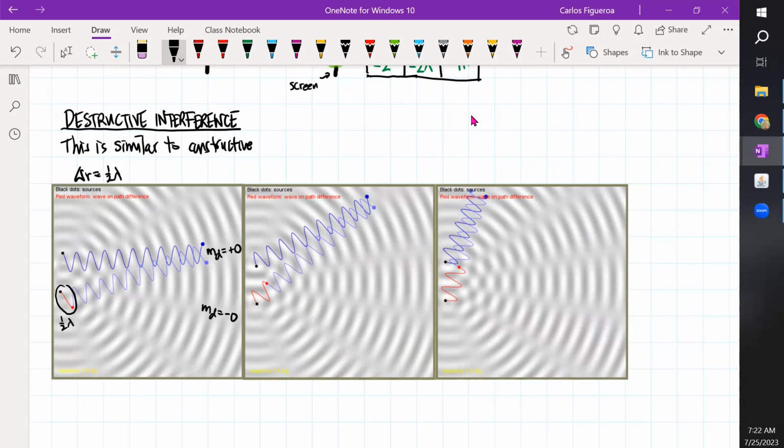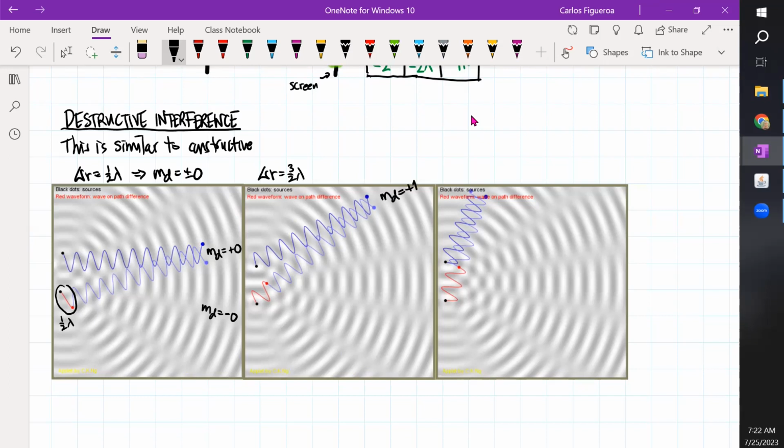I know that 0 doesn't have a sign, but it's to remind you that there are two cases for MD equal to 0. Now, if I look at the path difference here, this is 3/2 of a wave. So in this case, this is MD equal to plus 1.